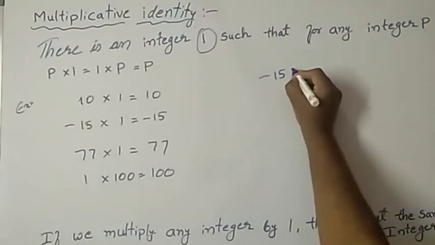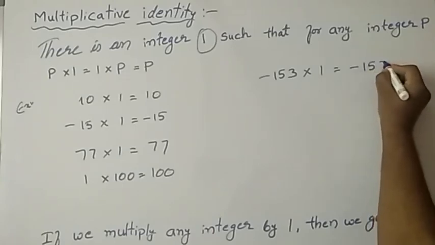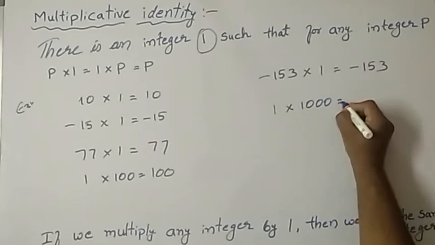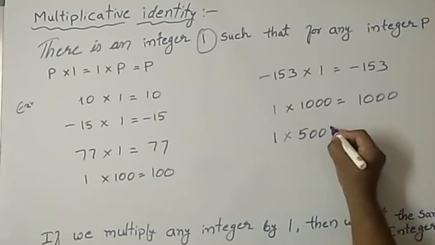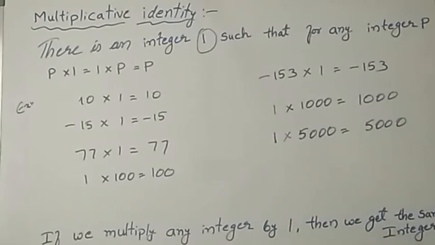Minus 153 into 1 is minus 153. 1 into 1000 will get 1000. 1 into 5000 will get 5000. By observing this, we can conclude, if we multiply any integer by 1, then we are getting the same integer.